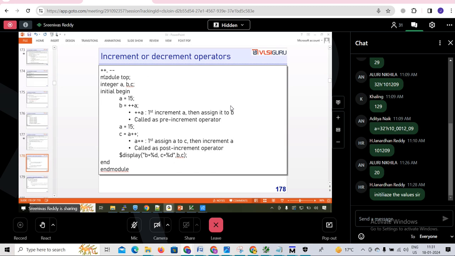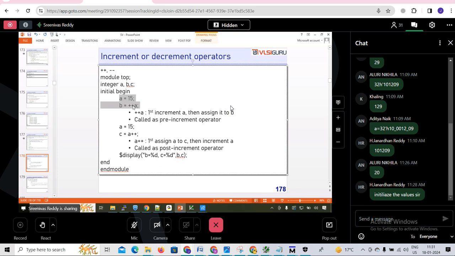So there are two things: plus plus and minus minus. If I write this, A, B, C are integers. In this case, what will be the value of B? Tell me. You're doing pre-increment. It's like first increment, then assign it to B. So what will be the value of B? 16.